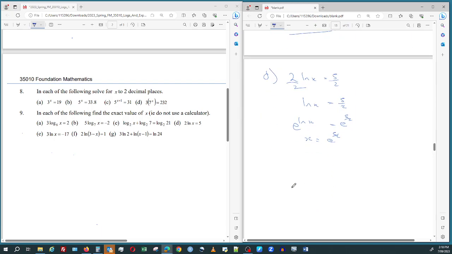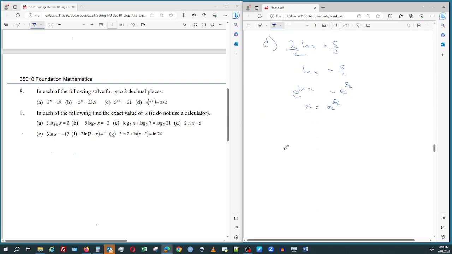And the last one will be the same. B: 3 ln of x divided by 3. So the ln of x, raise is undo. Let's undo. Done.